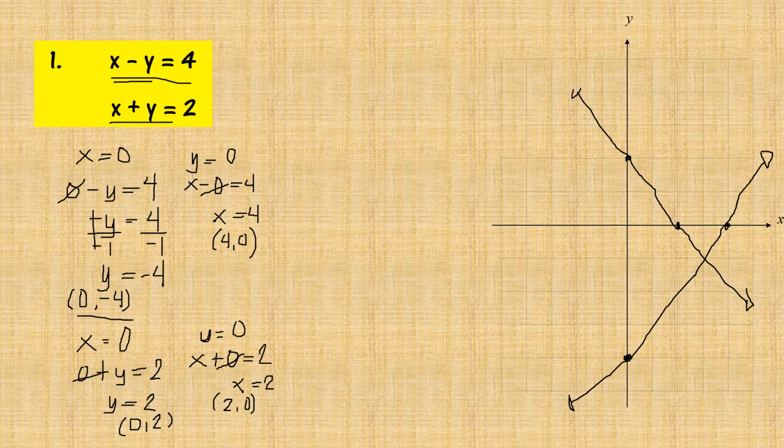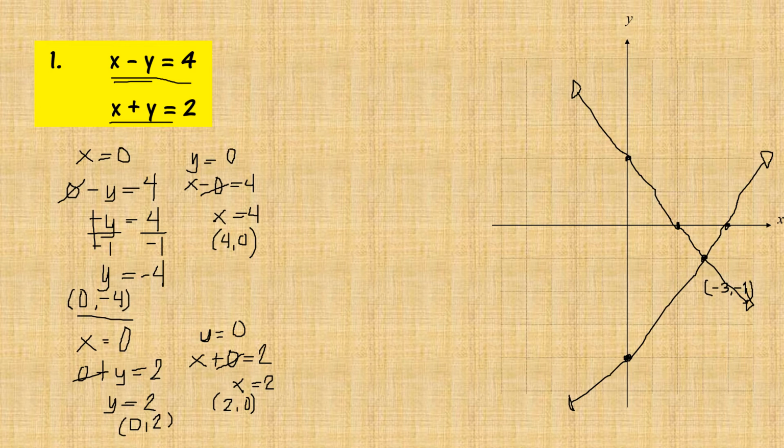So, kung mapapansin nyo po, nag-connect po sila dito sa point na ito, which is, we have negative 3 and negative 1. So, nag-meet po sila sa ating negative 3 and negative 1. So, the lines intersect at a common point.